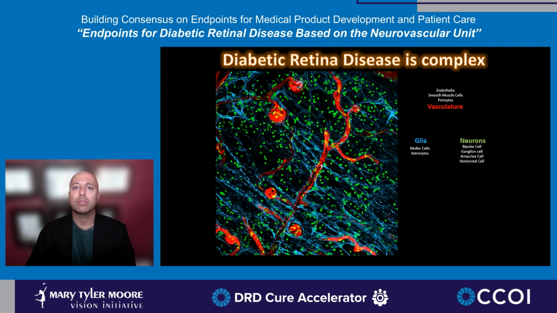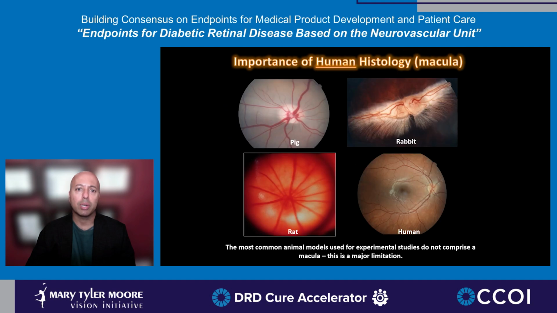And then we have finally the neuronal populations, which include the ganglion cells, the bipolar cells, and the nuclear cells. And the interaction of these three components is what we describe as the neurovascular unit. And they work cohesively in the process of diabetic retinal disease.